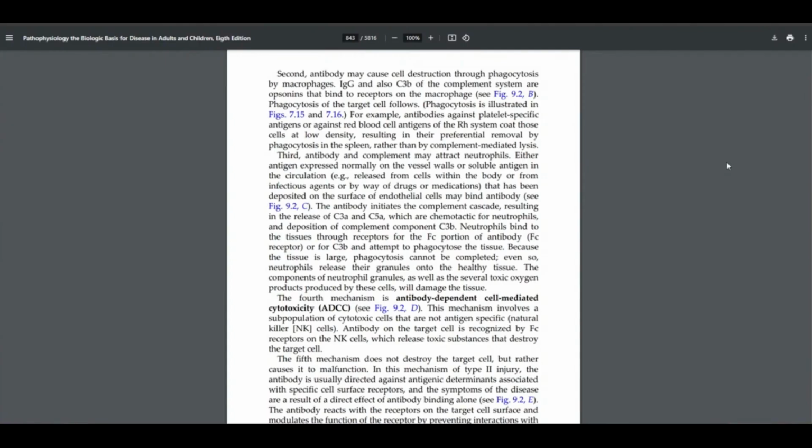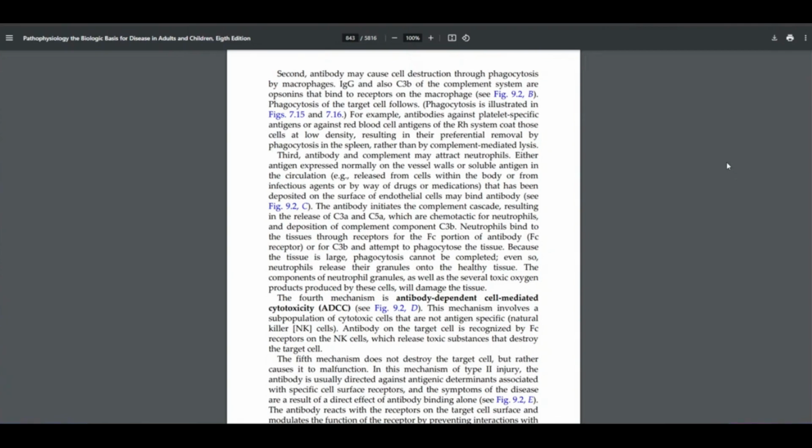Either antigen expressed normally on the vessel walls, or soluble antigen in the circulation, which are released from cells within the body or from infectious agents or by way of drugs or medications, that has been deposited on the surface of endothelial cells may bind antibody. The antibody initiates the complement cascade, resulting in the release of C3a and C5a, which are chemotactic for neutrophils, and deposition of complement component C3b.